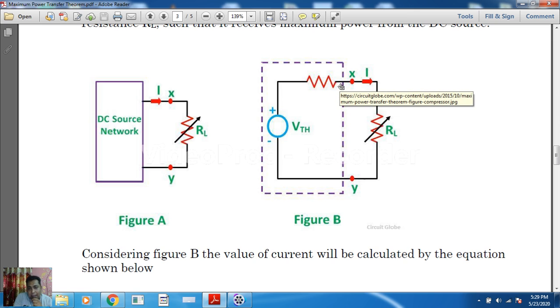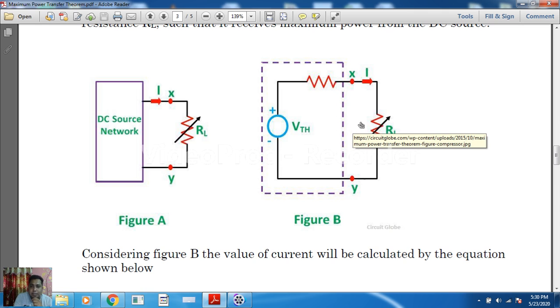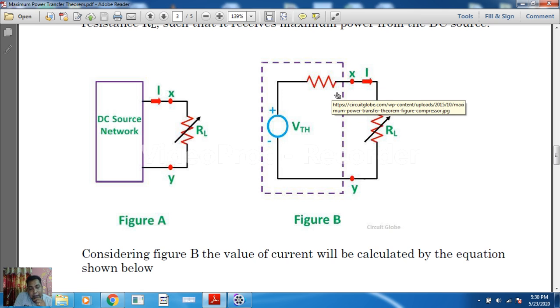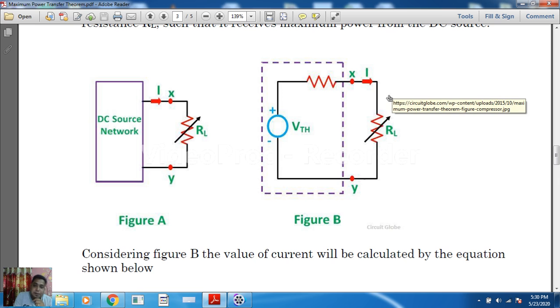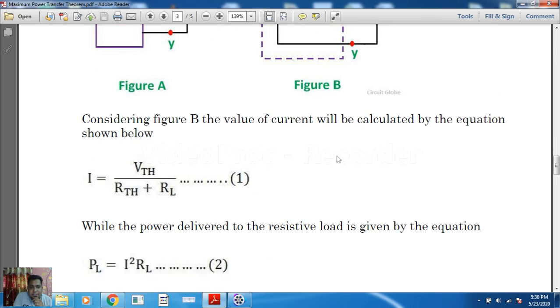For simplicity, this is the RTH, the Thevenin's resistance, the internal resistance of the circuit, and this whole system is connected to the load resistance, which is a variable one. Now if we change the resistance value, at a certain point RL will be equal to RTH. At that time the power transferred to this RL will be maximum, correct. So this is the condition.